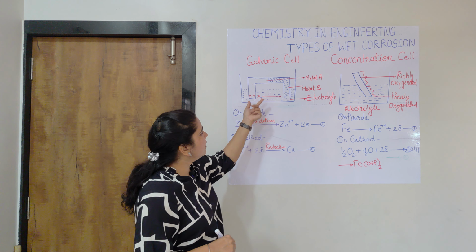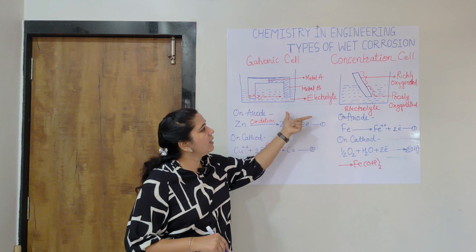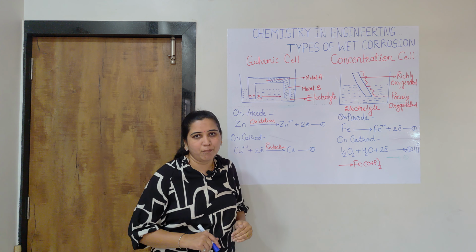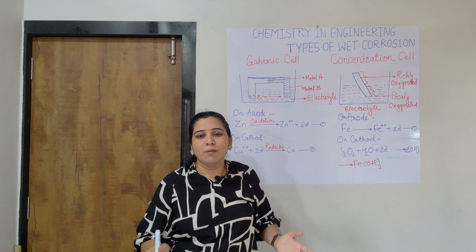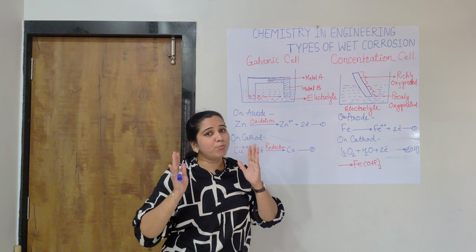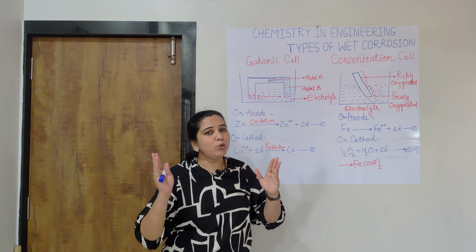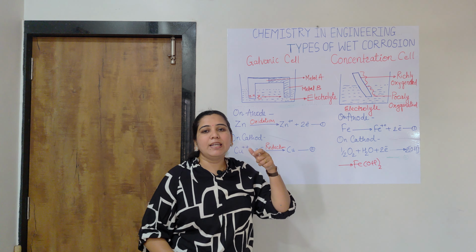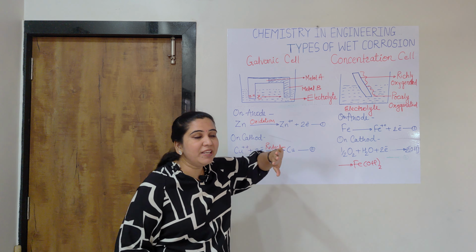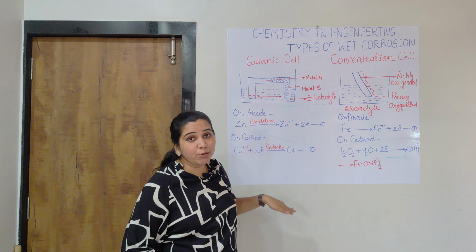Here you can see that two different types of metals are immersed or dipped partially into electrolytic media. So the condition is already made: when two different types of electrodes, meaning two different metals, are dipped partially into electrolytic media, they get two different media, air media and liquid media.